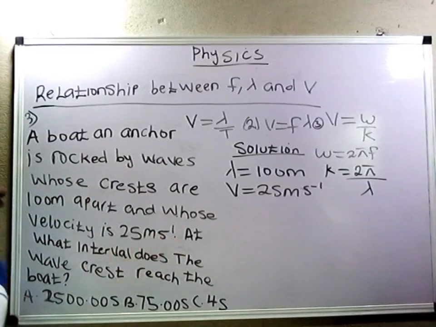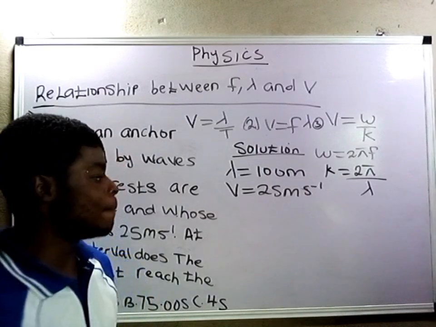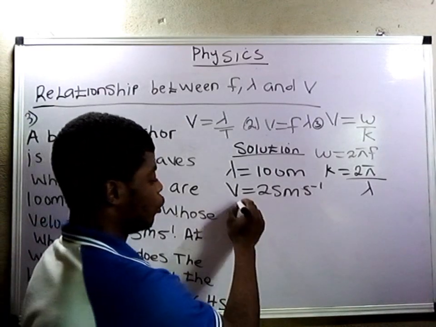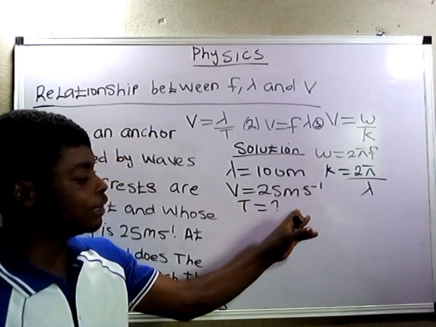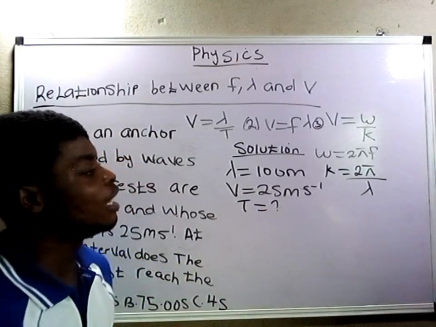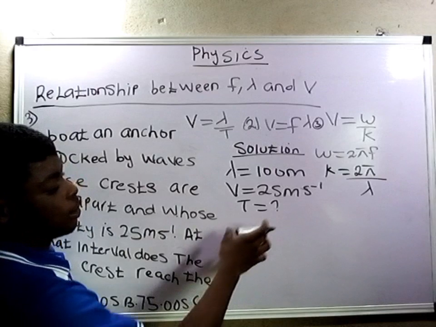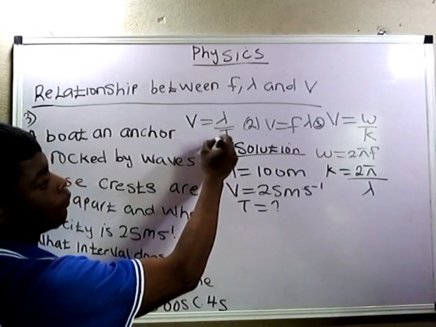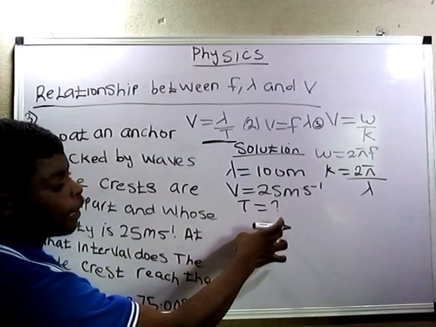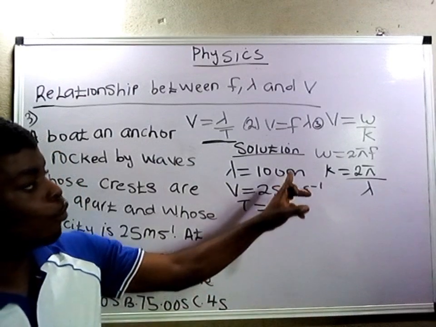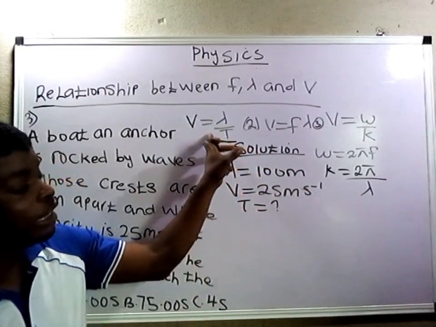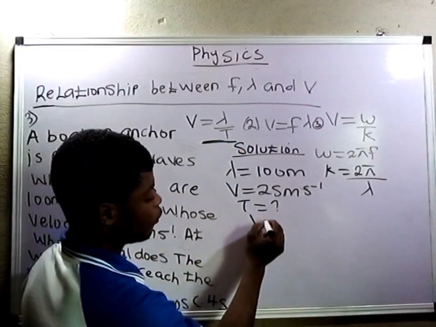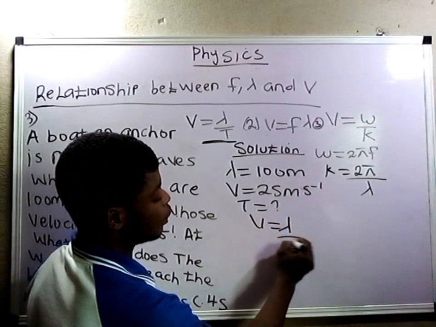At what interval do the waves reach? When you hear the word interval, it means time, which is the period. So the formula we want to use was given earlier, the formula connecting velocity, lambda and time. We therefore say that v is equal to lambda over T.